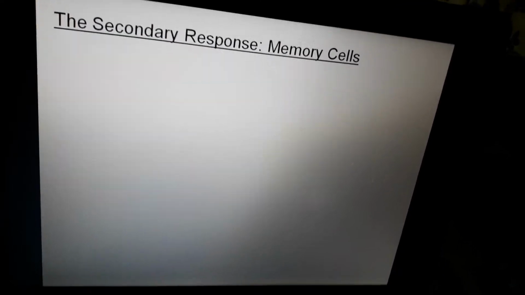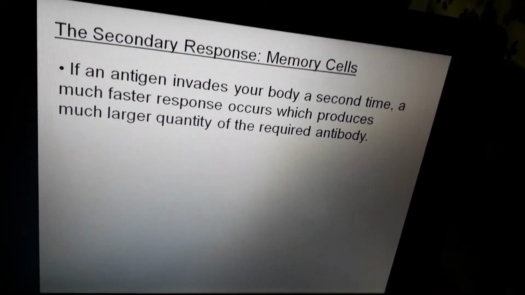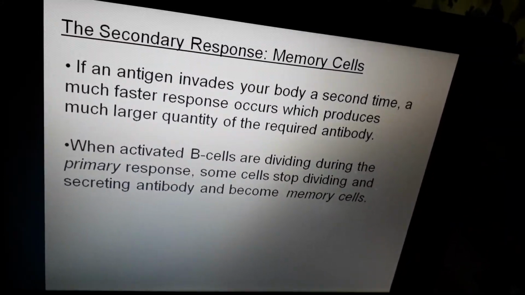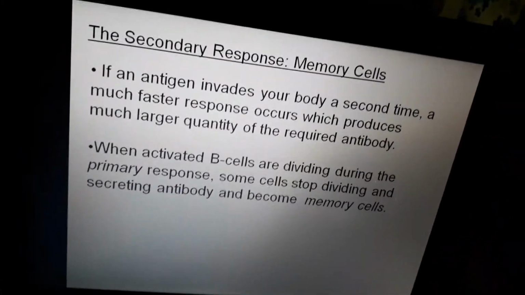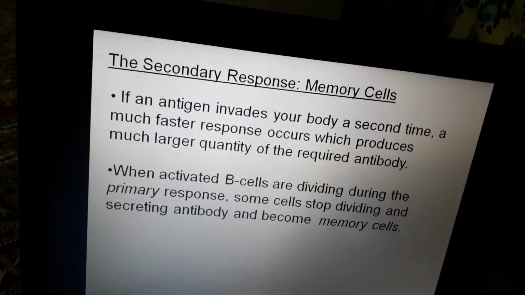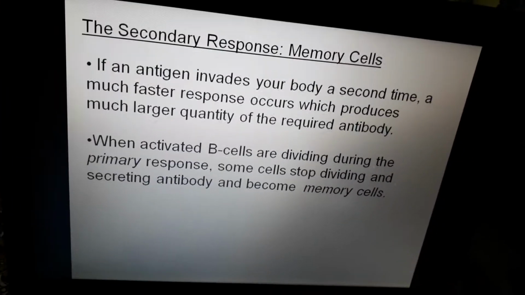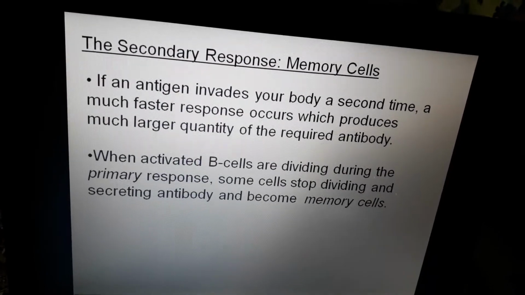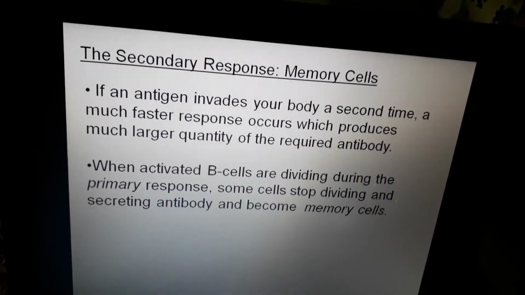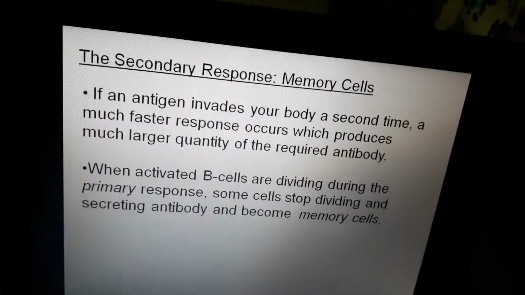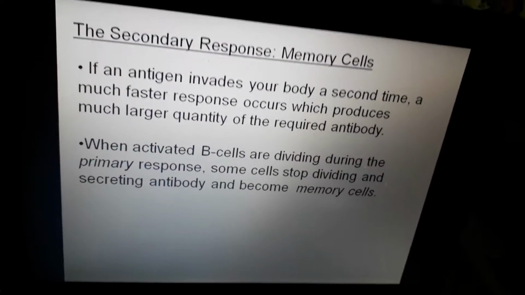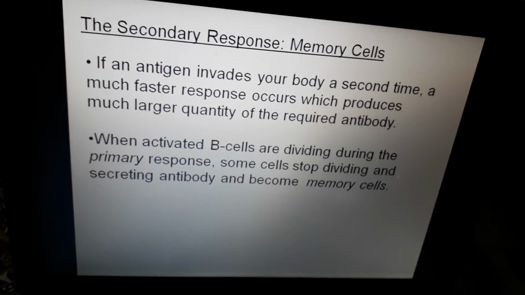Now, among the cells which have divided and given rise to the production of antibodies, there are also a number of cells which are not able to start production of antibodies. Some cells stop dividing and secreting antibodies, and they are converted into a special type of cells known as memory cells. These memory cells have a memory of the particular antigen which has invaded our body.